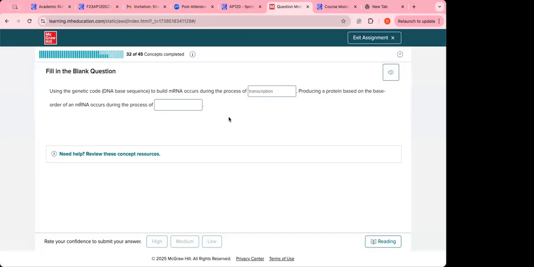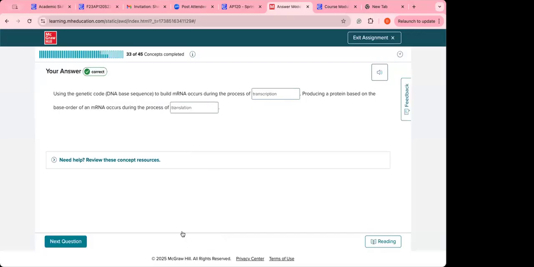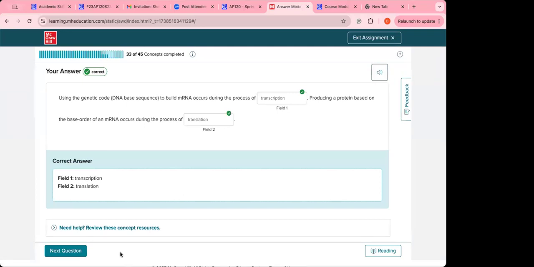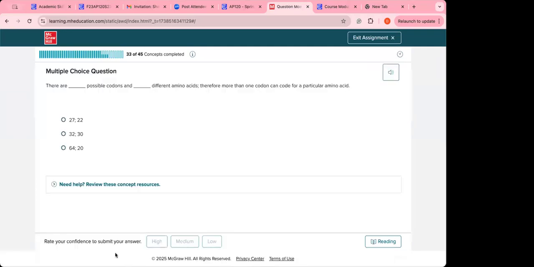Translation is where they make proteins. Yeah. There are blank possible codons and blank different amino acids. Therefore, more than one codon can code for a particular amino acid.